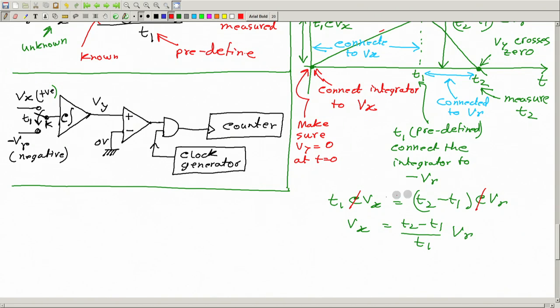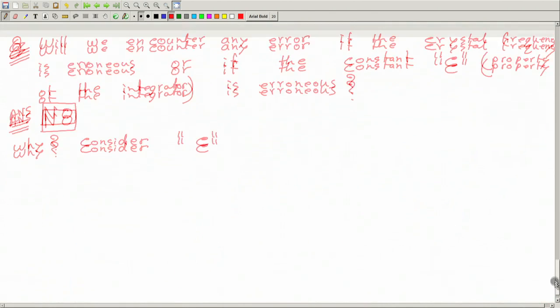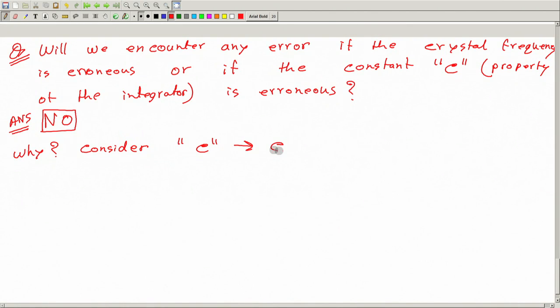Therefore, C has no effect at all, as it gets cancelled in the equation.